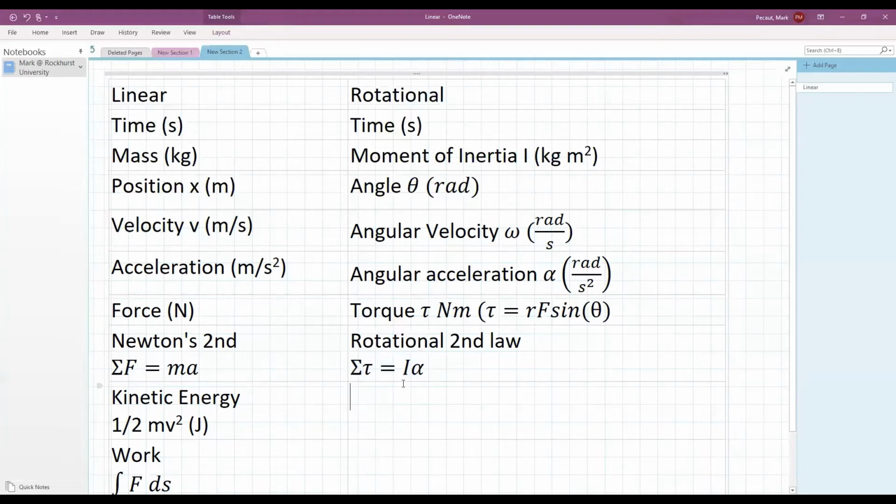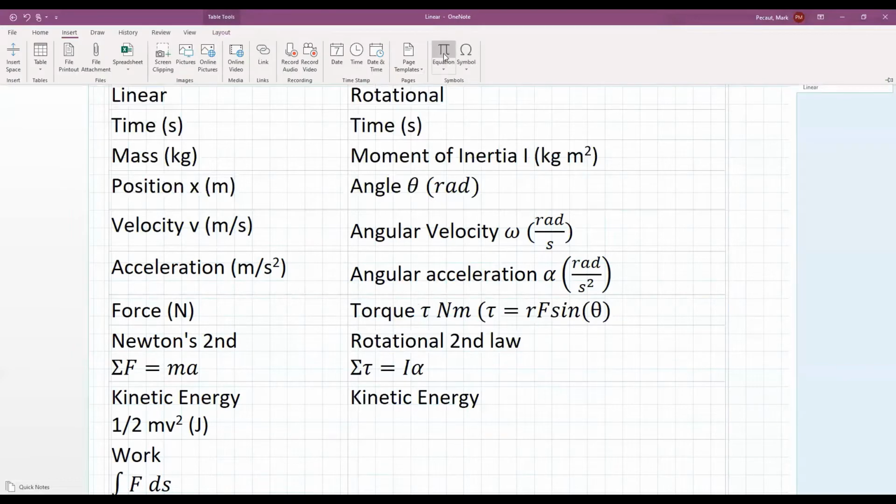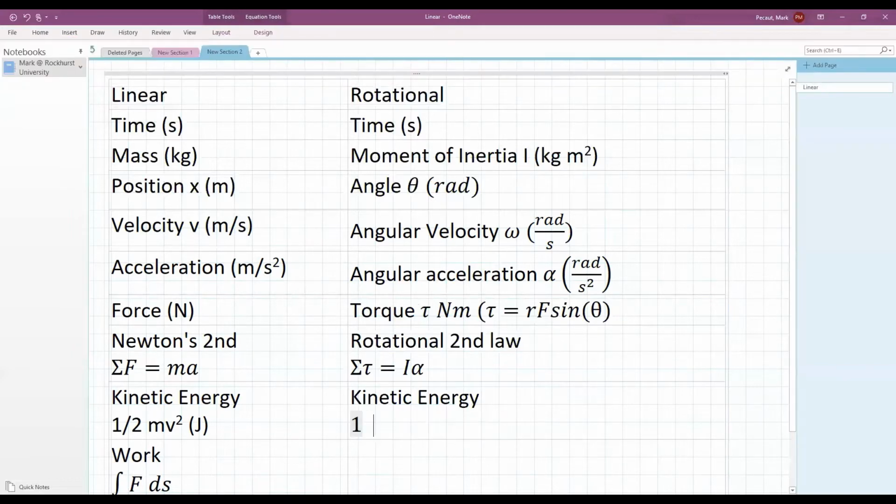What about kinetic energy? The rotational version of that is still kinetic energy, and it looks like 1/2 times the rotational version of mass, which is moment of inertia, times the rotational version of velocity, which is angular velocity, squared.